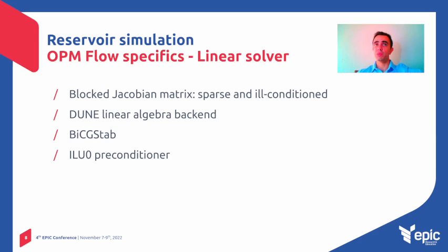But the Jacobian matrix is sparse and ill-conditioned, as there is a mixture of variables with different orders of magnitude. And OPM Flow uses the Dune linear algebra backend and the BiCGStab linear solver, and has an ILU0 preconditioner as default.